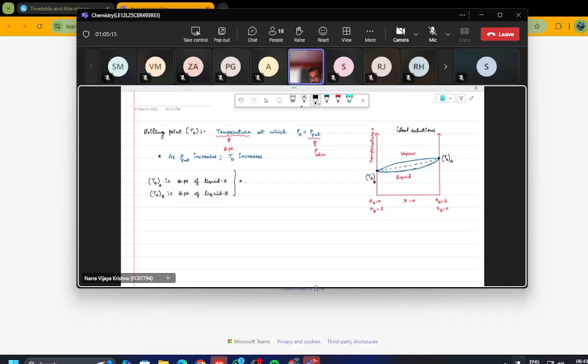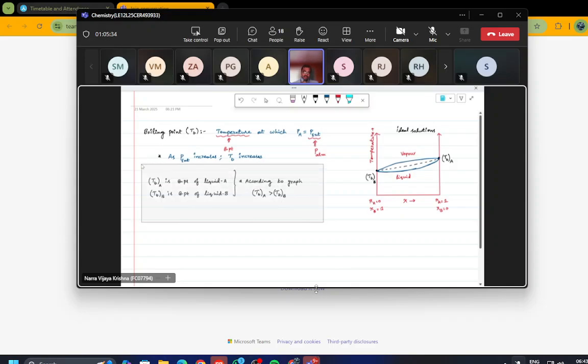Now, according to the graph, what have we assumed? TB of A is greater than TB of B. Why is TB of A greater than TB of B?